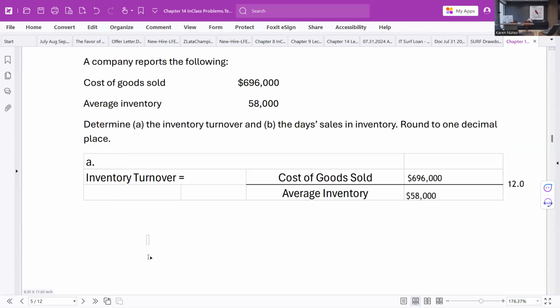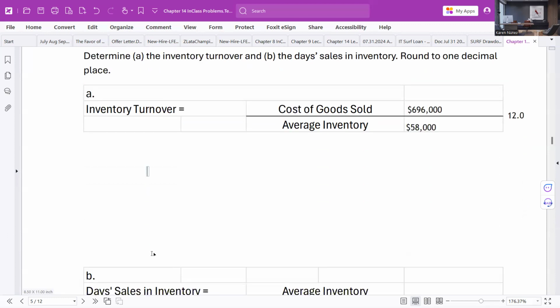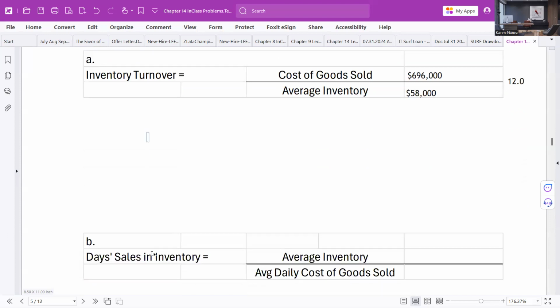Now, we also want to know how many days it takes us to do that. How many days sales do we have in that inventory? So we take the average inventory, that $58,000, and make that the numerator in the days sales in inventory. We divide that by the average cost of goods sold. How do we get an average cost of goods sold?